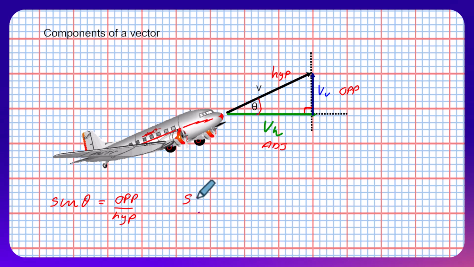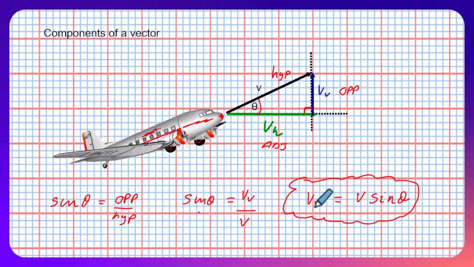So therefore sine theta in this case is going to be equal to the opposite, which is VV, the vertical component, which is what we're after, divided by the hypotenuse, which is V. So with a bit of rearranging we get the vertical component VV is equal to V times sine theta. So it's V times sine of theta. And there is our relationship between the size of the velocity vector V and its vertical component size. So this arrow in here, this vector in here, will have a size of V times sine theta. You've broken down the velocity vector into one of its components.